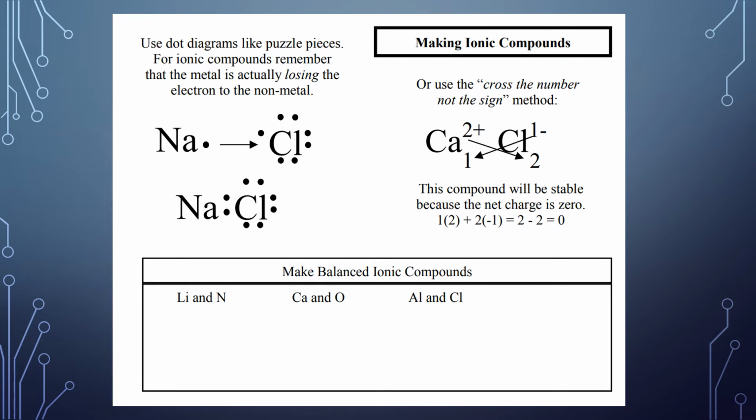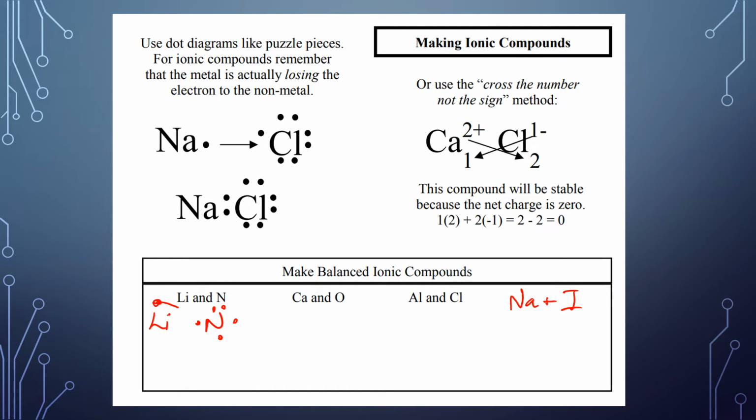Using dot diagrams. So let's make this sodium and do iodine. That's fine. So using dot diagrams, think of them as puzzles, like how it's going to fit. So lithium has 1 plus. It has 1 dot, while nitrogen has a total of 5.